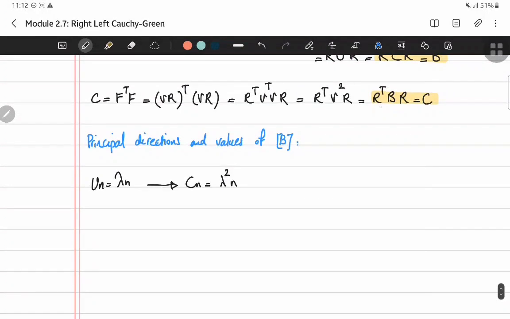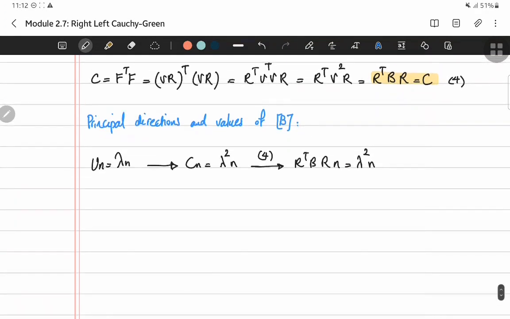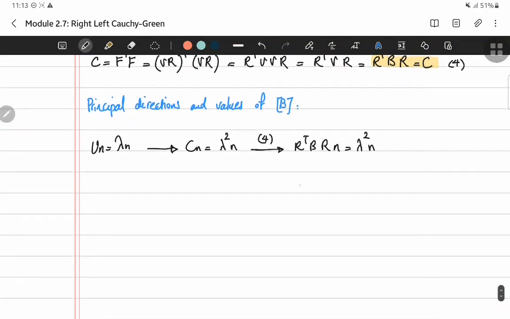And C is nothing but, let's call this 4 maybe. So from 4, we can write R transpose B R is equal to lambda squared n. And from here, I can write R transpose B R n is equal to lambda squared R n.